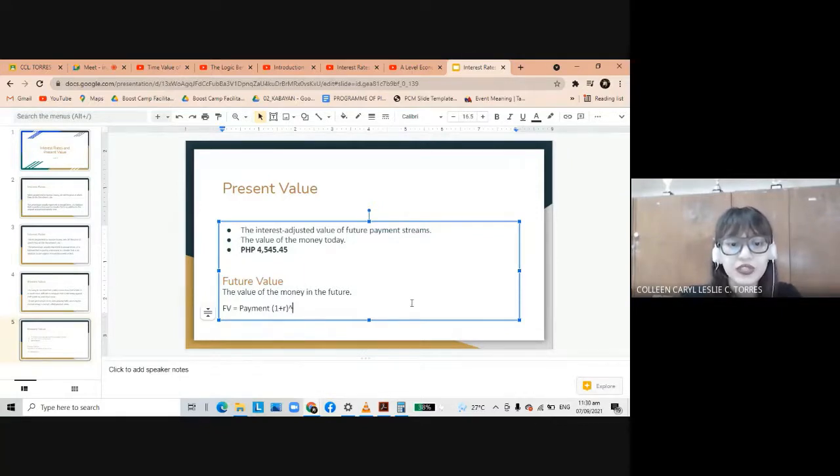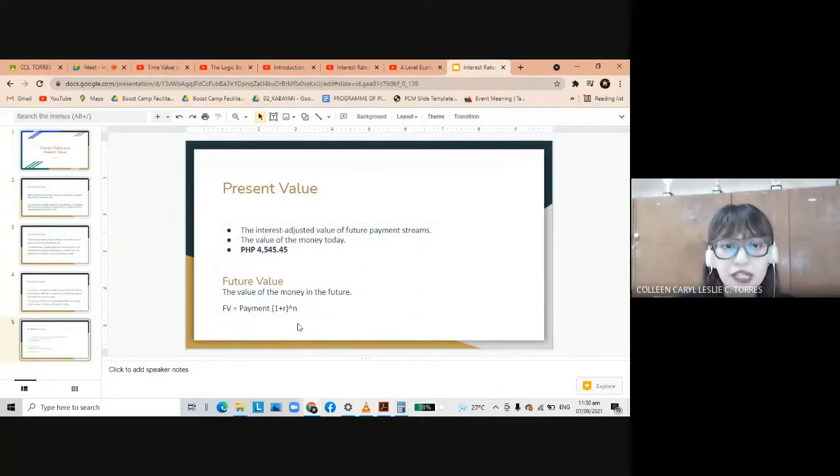So 5,000 pesos times 1 plus 0.1, because we have a 10% interest rate, raised to the power of 1.